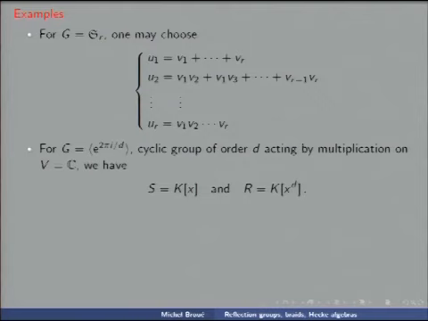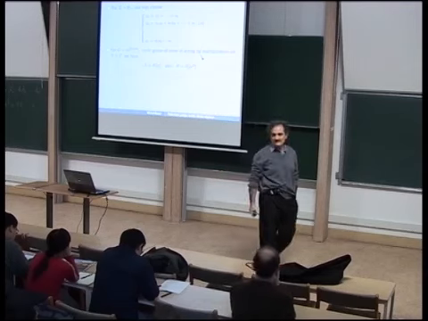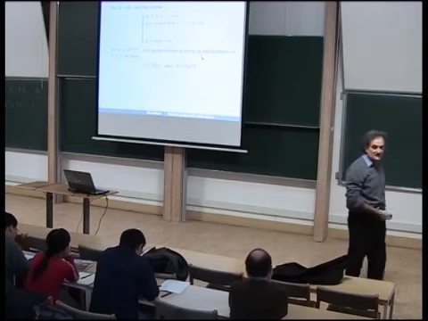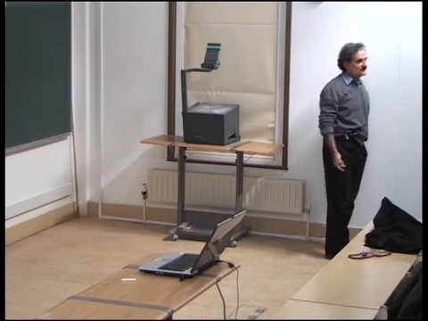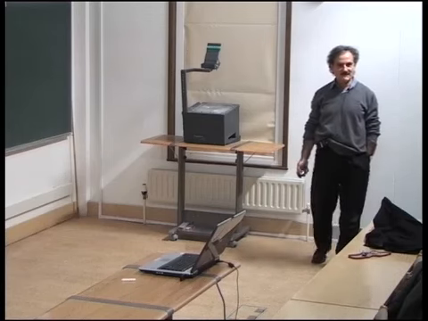It has a hyperplane of invariants of dimension 0, but it is indeed a hyperplane of invariants. And so our Chevalley-Shephard theorem should apply, and does apply. The polynomial algebra is K[X], and of course, if the group is the cyclic group of order D, then the set of invariants is the polynomials in X to the D. So this is actually the first example which has to come to mind, right?